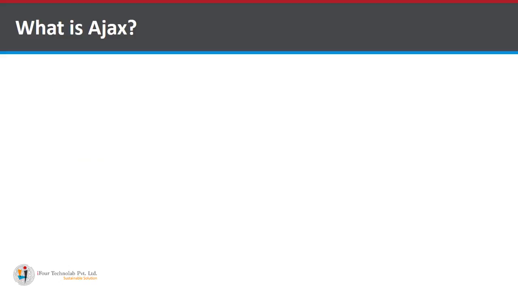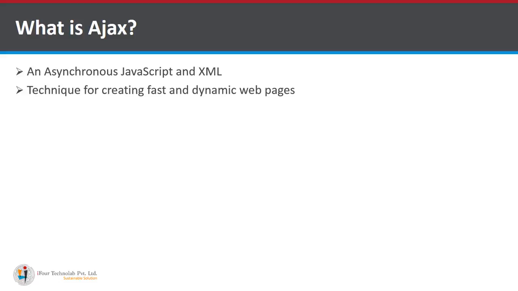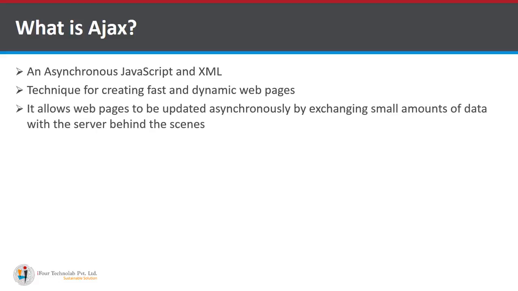Now the first question that arises in your mind is what is AJAX and why we use AJAX in our application. So let's have a look. AJAX is an asynchronous JavaScript and XML technique for creating fast and dynamic web pages. It allows web pages to be updated asynchronously by exchanging small amount of data with server behind the scenes.